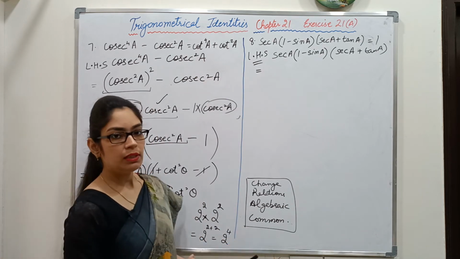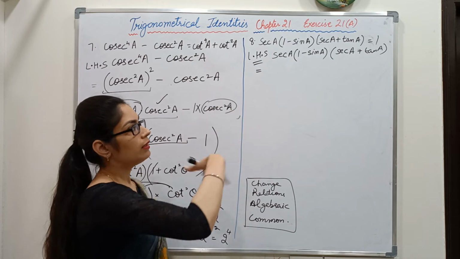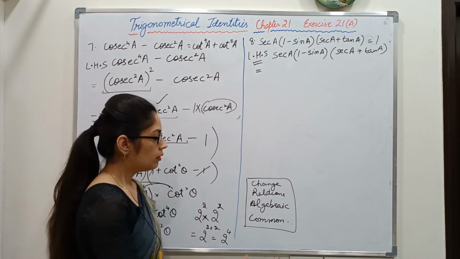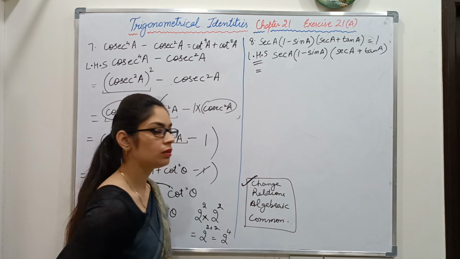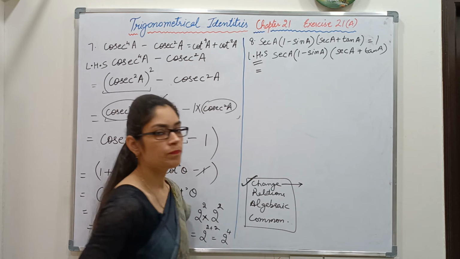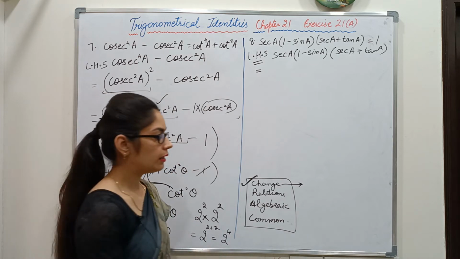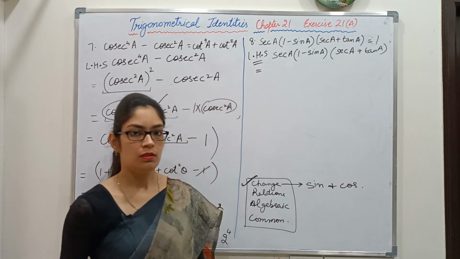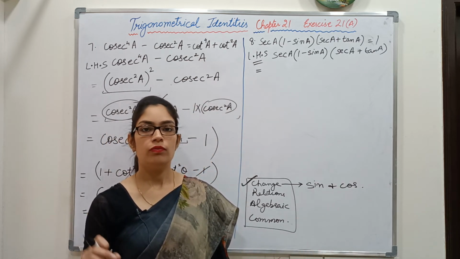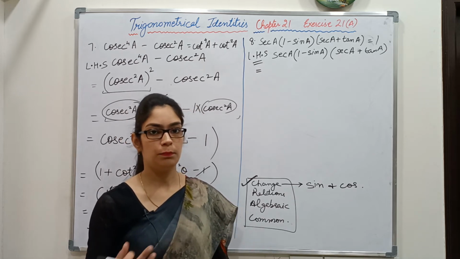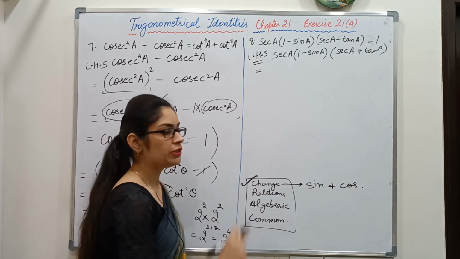Now we will start any question. If we are not getting any idea from where we should start, what we can do is start from change. We'll start from change, and in change also, we will change everything into sine and cos form. Very important thing: if we are not getting any idea where to start the question, how we can prove it, we will start from change.